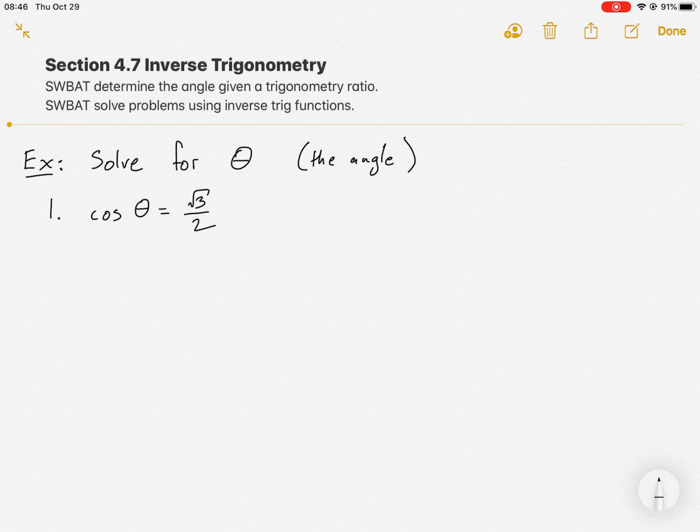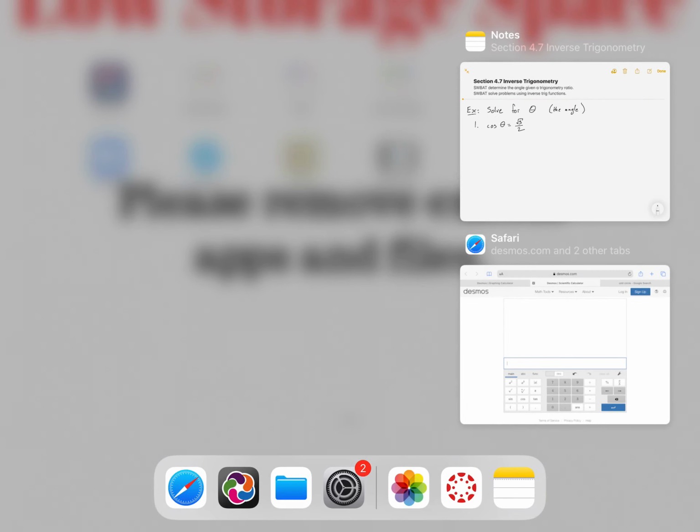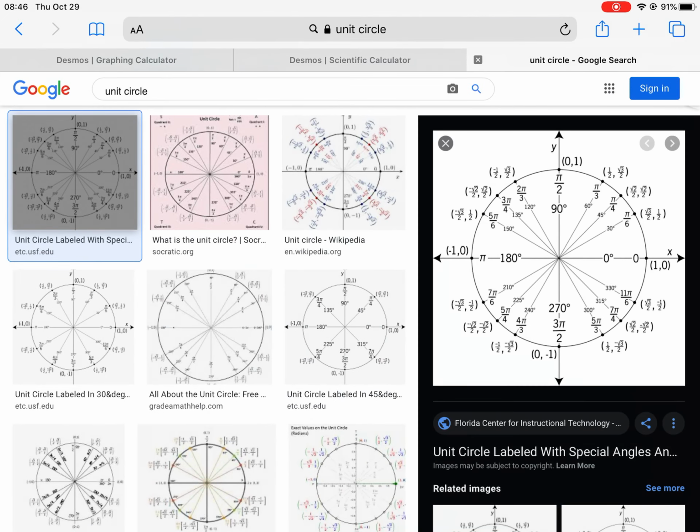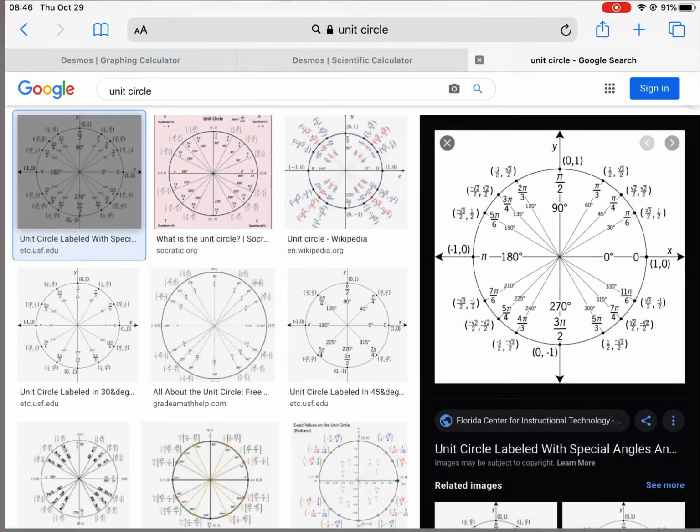Now, at first glance, this doesn't really seem super easy, but hopefully you're getting pretty familiar with the unit circle. So if you go over here, I did a Google image search for unit circle. If we just click on one of these, notice that cosine gives me the x value. And so if you look where the 30-degree mark is on that unit circle, or the pi over 6, you'll see that x is square root of 3 over 2.